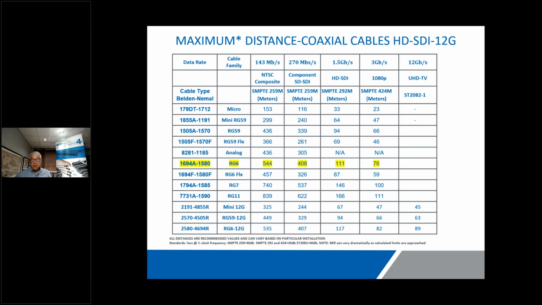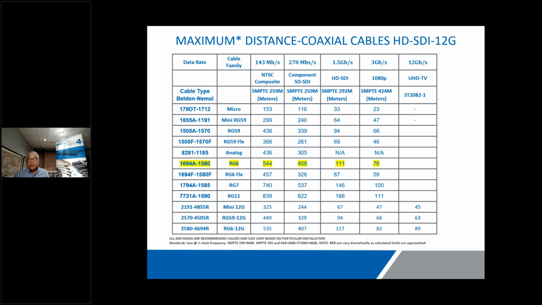You'll also notice that there's a big difference in the way that we measure what is suitable for 12G, and it's almost at the point where everybody's got their own idea as to what it is that's going to work. But the numbers that we're used to dealing with in terms of attenuation and return loss are drastically different in 12G, 12 gig, as opposed to some of the lower rates.